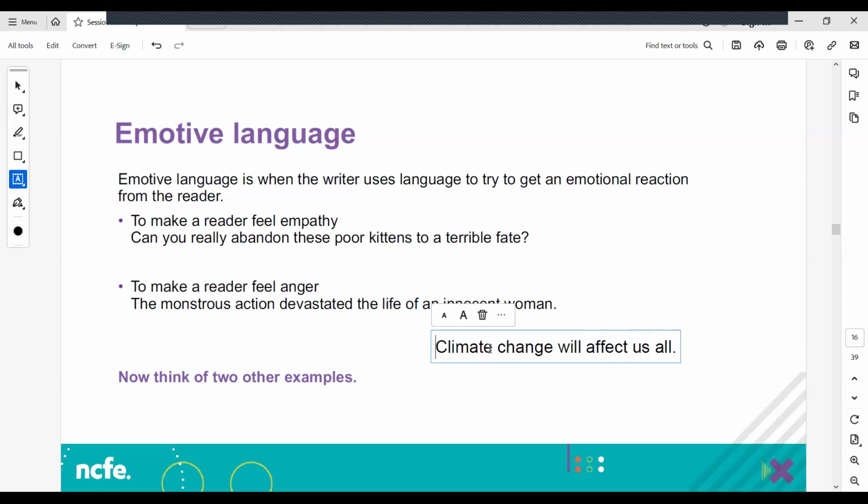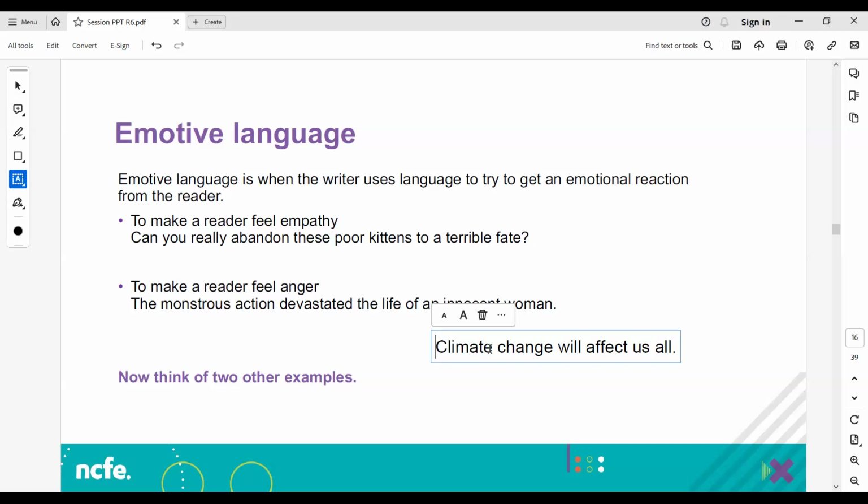So what I've asked you to do here is to add words to this sentence: climate change will affect us all. I want you to add some adjectives, some describing words, to make that sentence more interesting and make people feel angry about it.